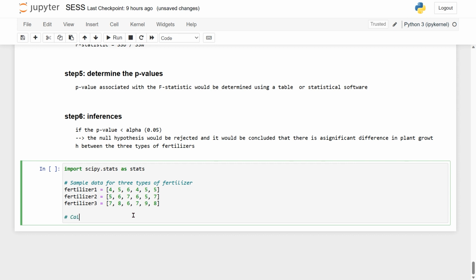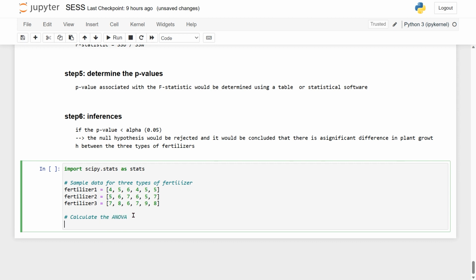Now let's directly put it into the ANOVA. So calculate the ANOVA. What do we want? The F value first, and then the P value. These are the two we want, nothing else. From stats, I'm going to call the f_oneway method. We are doing one-way ANOVA.